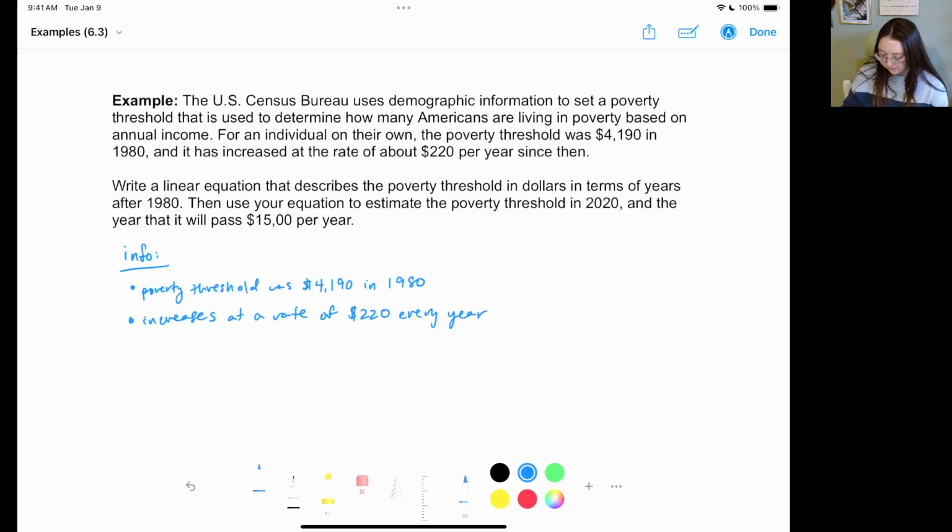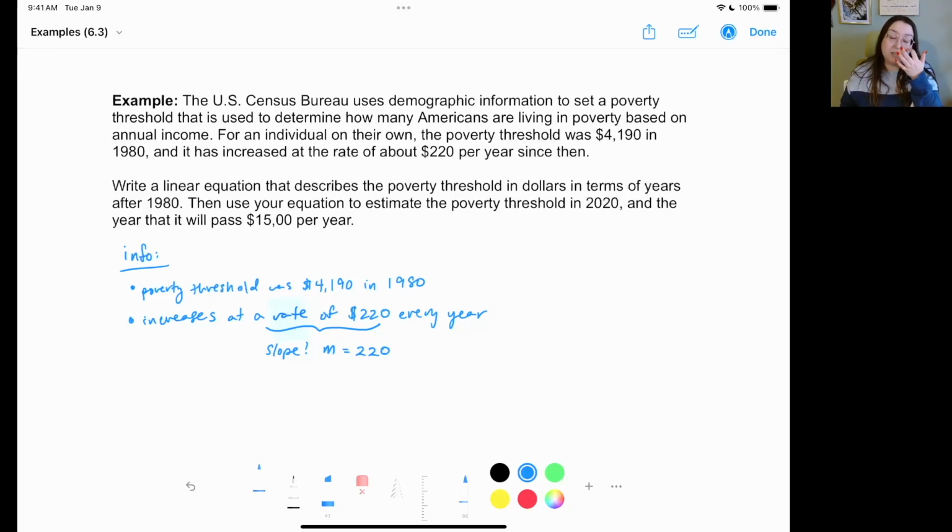So we see the word rate in there. That is indicative of the average rate of change or the slope. So having the rate in there, that really is the slope, which means that M is equal to 220. It's increasing by $220 every year. Now we're going to piece together our variables.